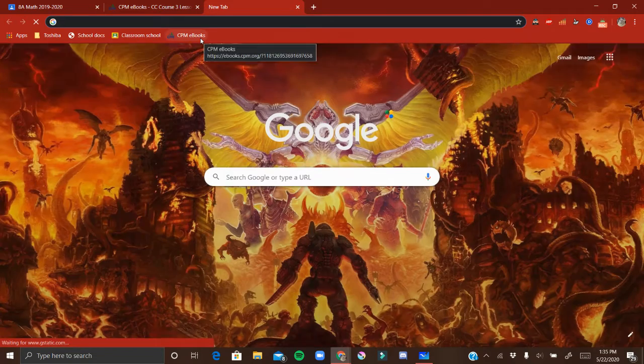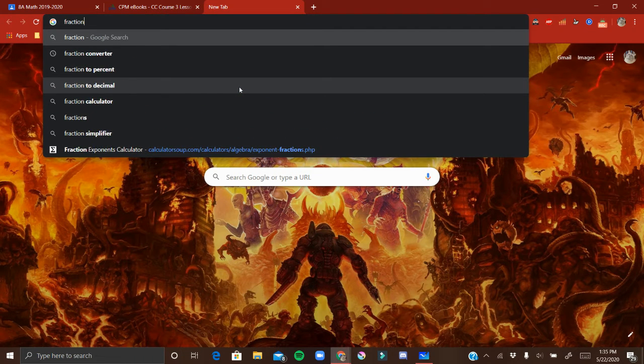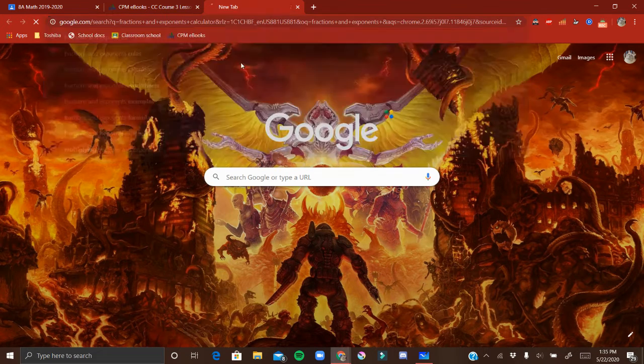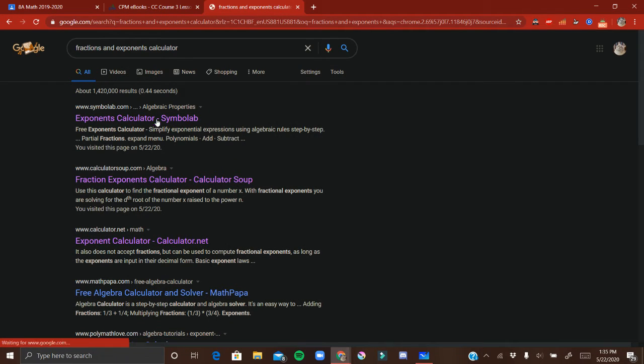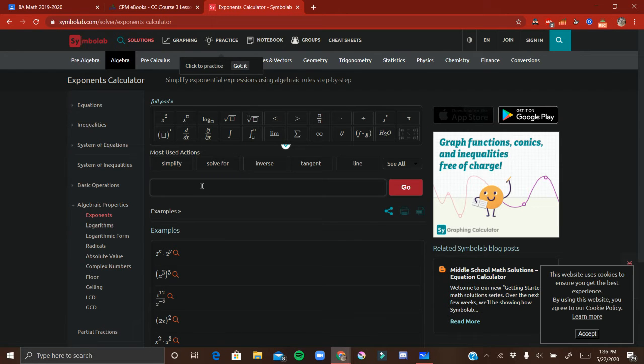Or here, look, a fractions and exponents calculator. And here, Symbolab. It's really good because you have all these things right here.